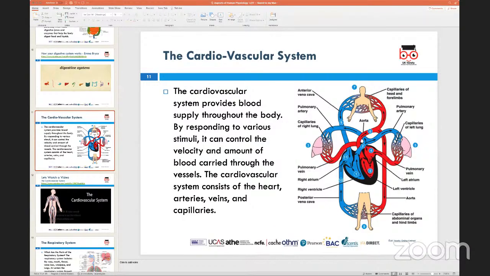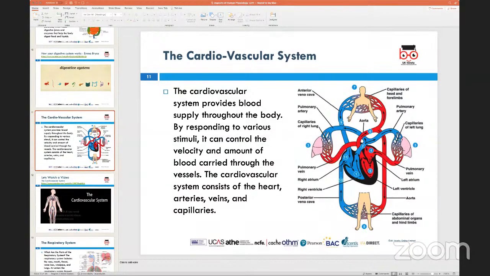So the cardiovascular system provides blood supply throughout the body, and blood has, as we have seen in the infectious diseases unit that we studied, different types of cells: red blood cells, white blood cells, and platelets. White blood cells are also termed leukocytes. But when we specifically focus on RBCs, red blood cells, they are the cells responsible for carrying oxygen in the body.